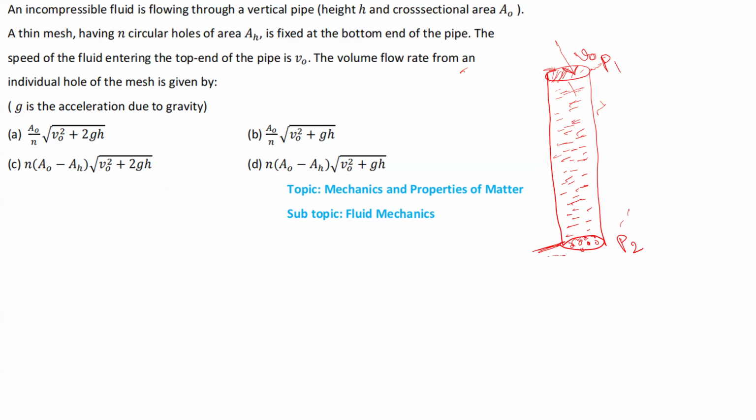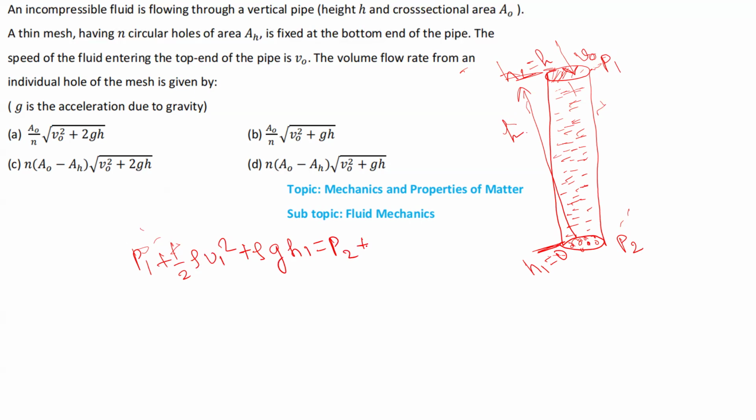This height, let's say this is the origin, so H1 equal to 0, and this is the top, H2 equal to H, because we know that this height is H. So from Bernoulli's equation, we can write P1 plus half rho V1 square plus rho G H1 equal to P2 plus half rho V2 square plus rho G H2, right?